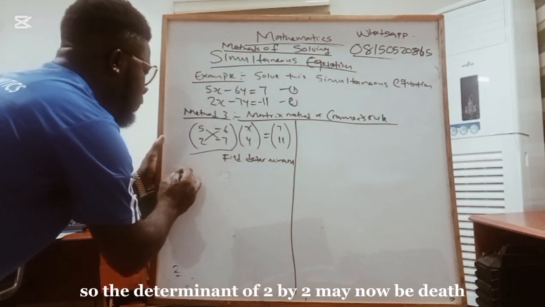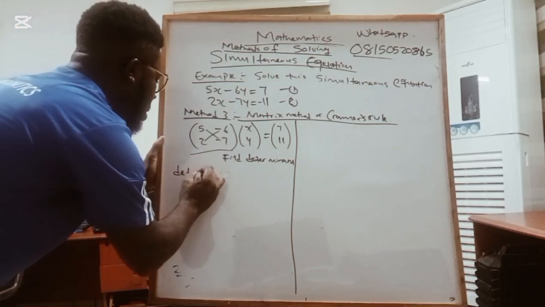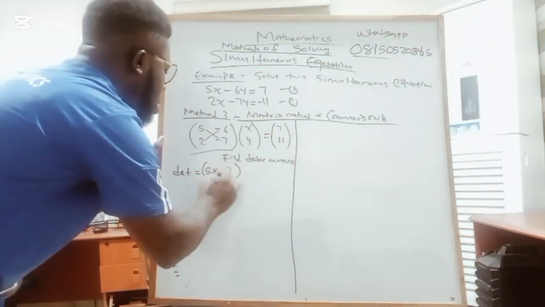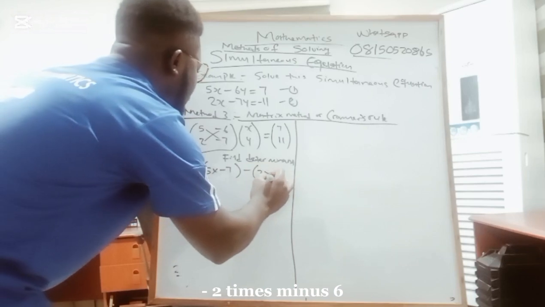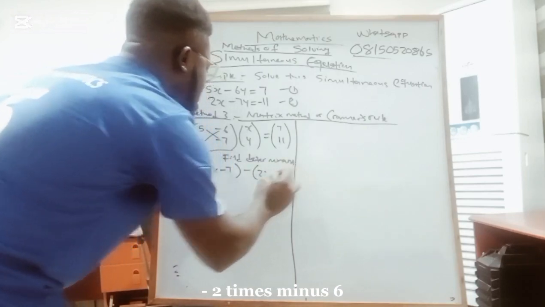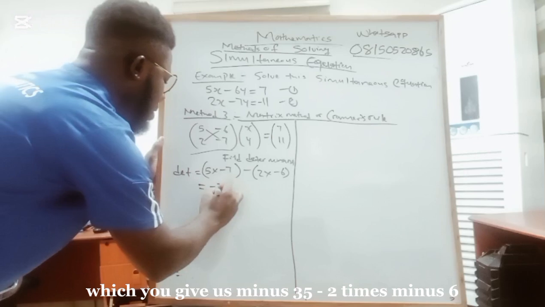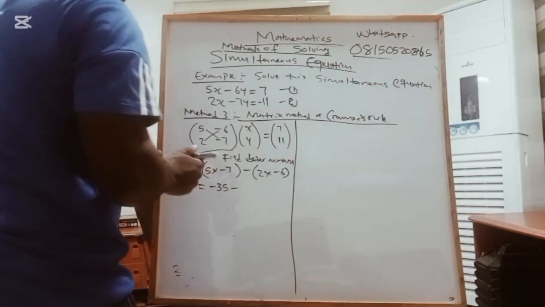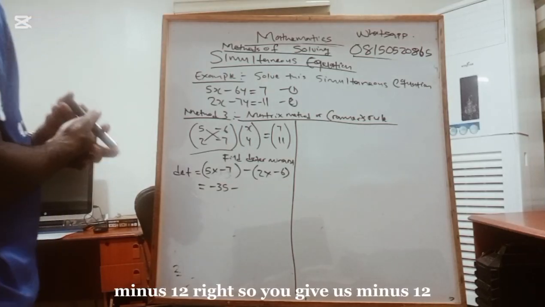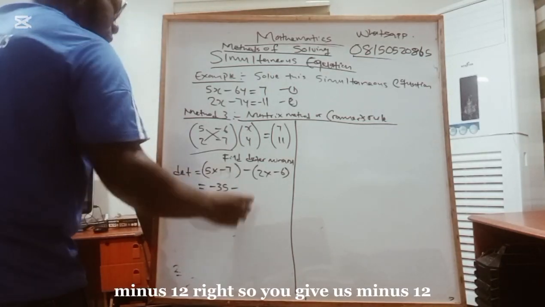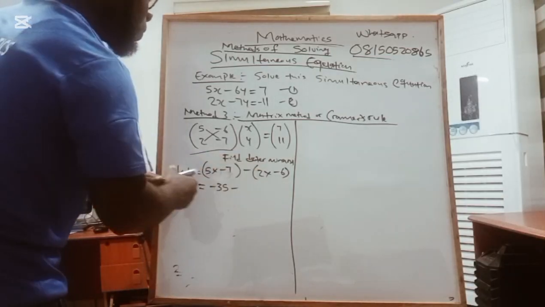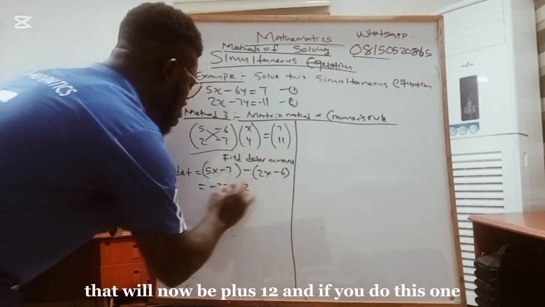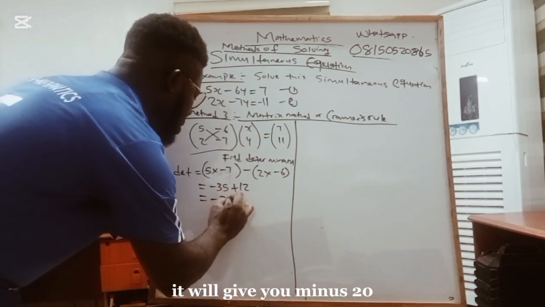So determinant of 2 by 2 will now be 5 times minus 7, minus 2 times minus 6, which will give us minus 35, minus 2 times minus 6, which is minus 12. So minus 12 times minus, that will now be plus 12. And if you do this one, it will give you minus 23.